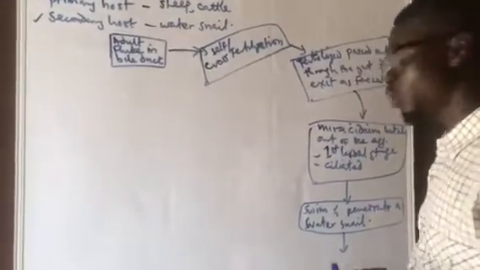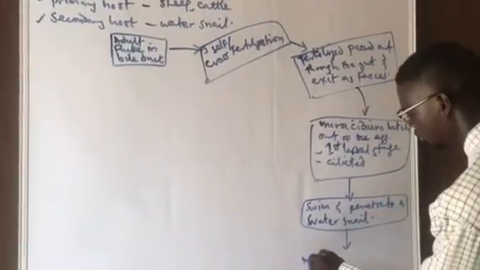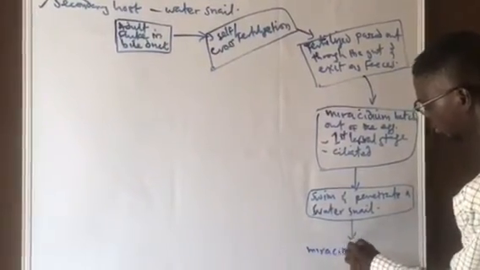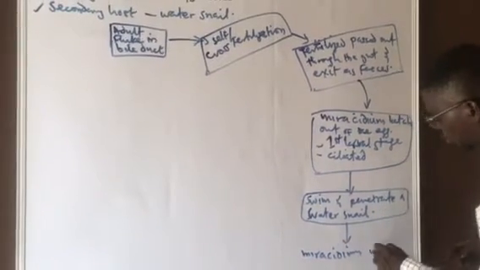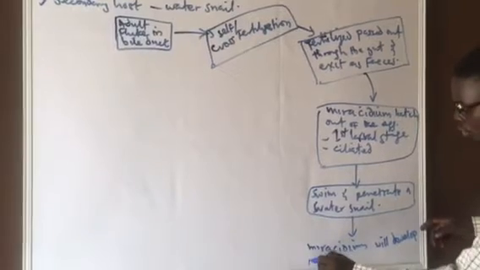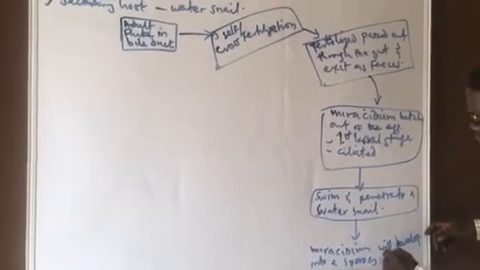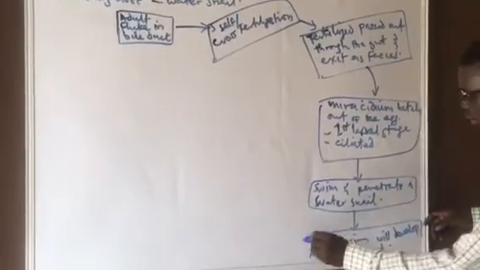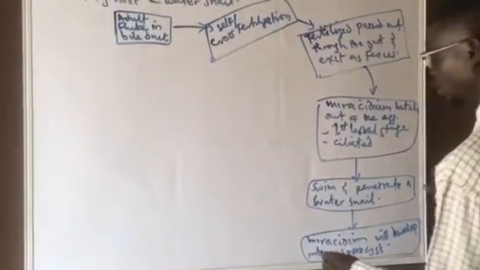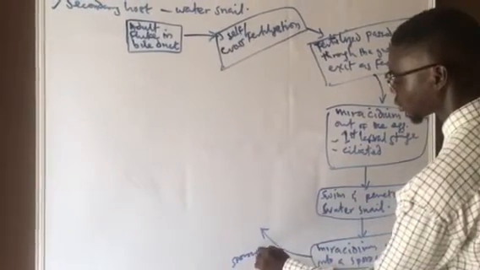So the miracidium will develop into a sporocyst. And the sporocyst is what? The second larval stage. Sporocyst is the second larval stage.